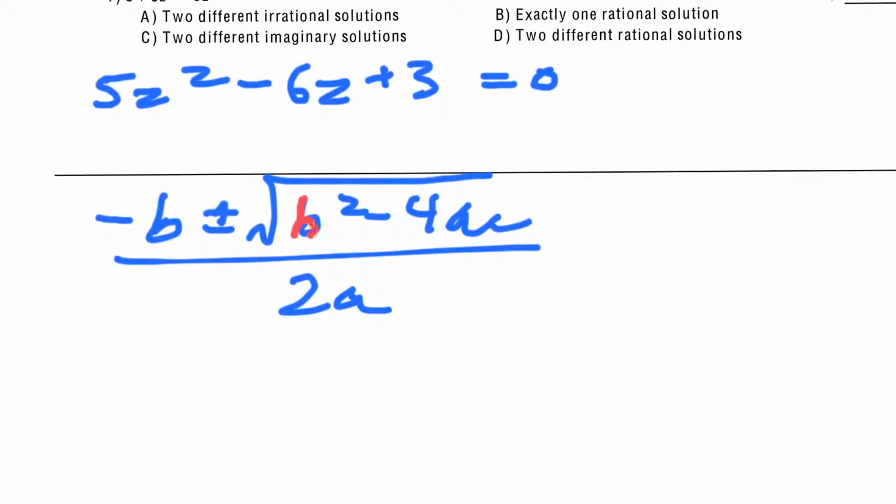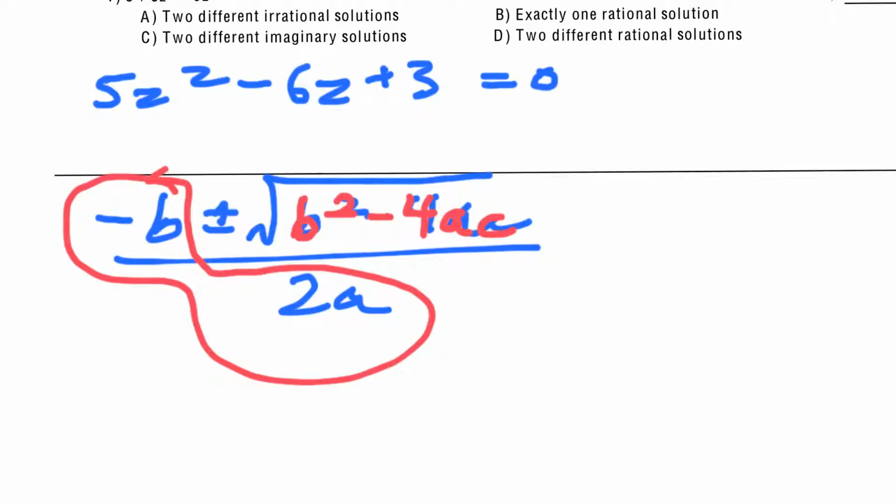The discriminant part is just this part here, b squared minus 4ac. That's what tells us what kind of roots we're going to get. For instance, if the discriminant equals 0, then the only thing we'll have is this, so we'll just have one rational solution.